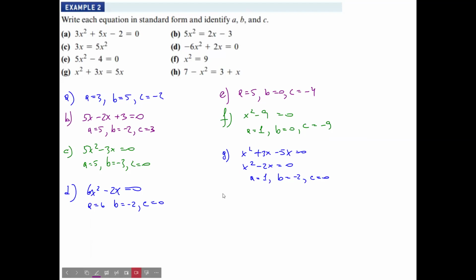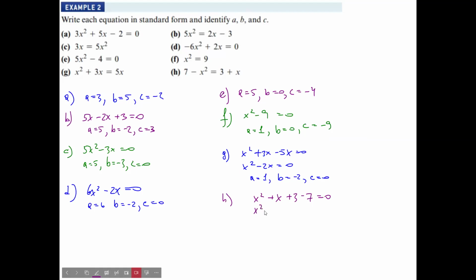Finally, h. So what I have, minus x squared. Actually, I can transfer that to the other side right away. So x squared plus x plus 3 minus 7 equals 0.